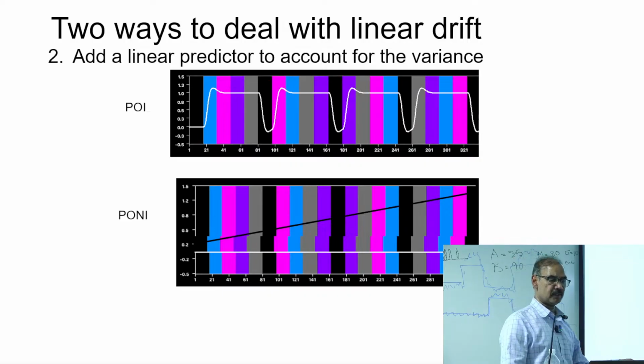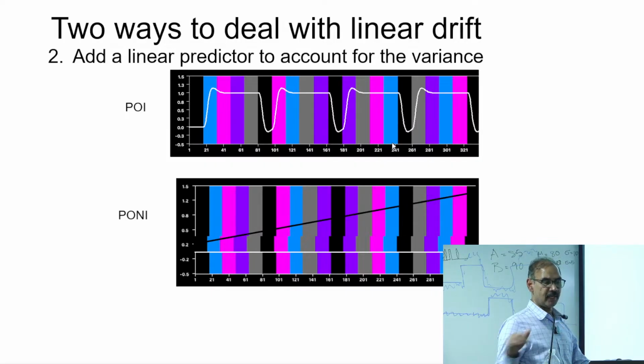In this case, this is a predictor of interest, and this is a predictor of no interest. So then in our GLM, this would be used for our beta estimation, while this would be used for noise regression. Okay.